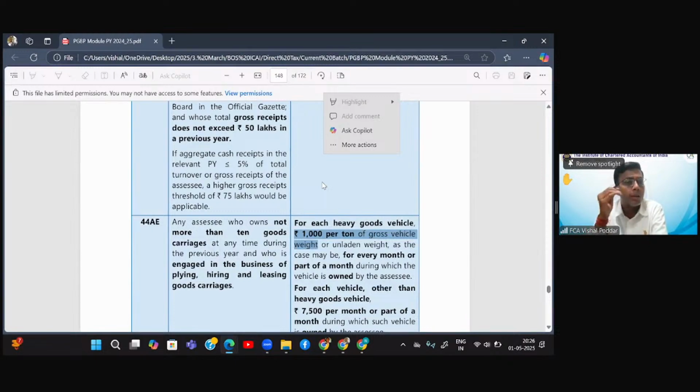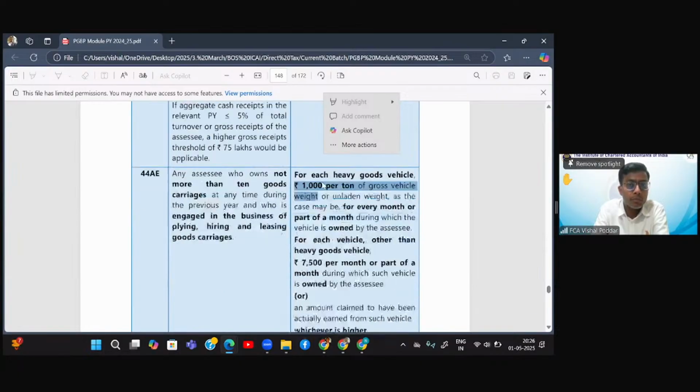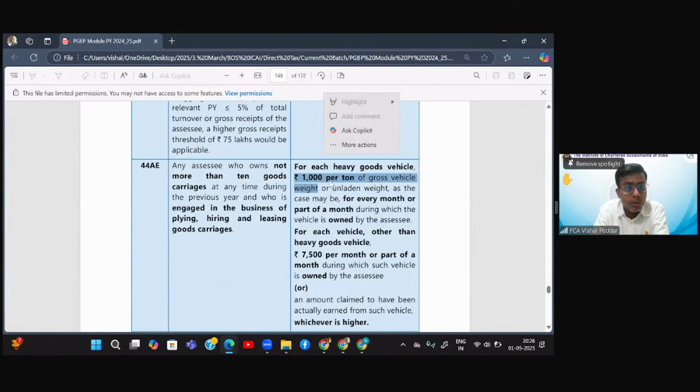So I become a heavy vehicle because my vehicle's unladen weight is above 12,000. Now in such a case, how do you compute the income? The estimated income is computed as rupees 1,000 per ton of the gross vehicle weight. Now I said my vehicle weight is 15,000 kgs, that is, 15 tons is my gross vehicle weight.